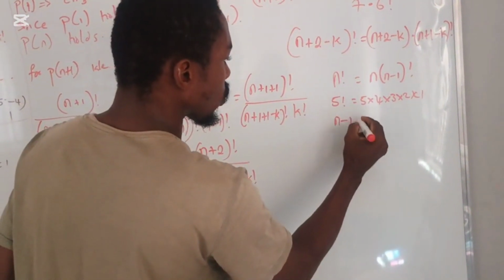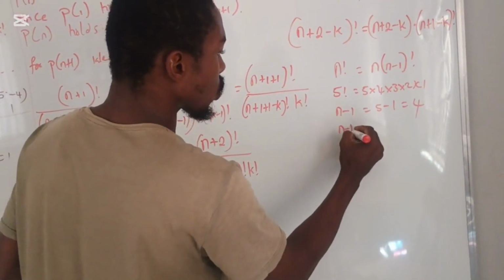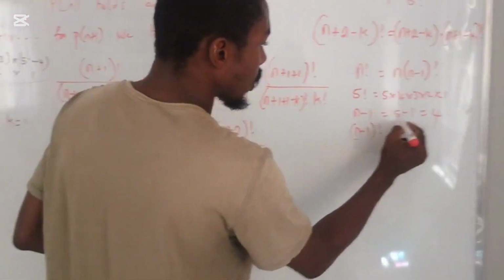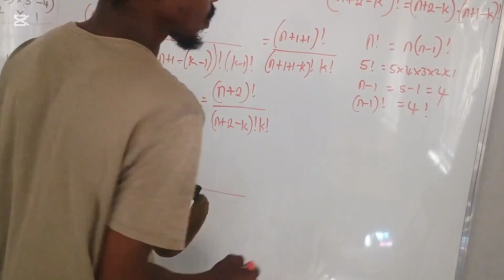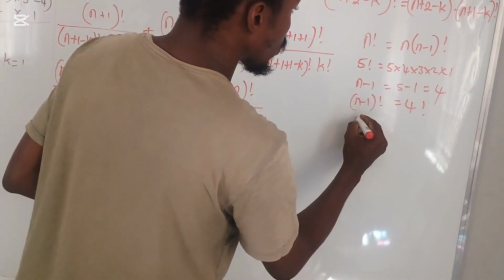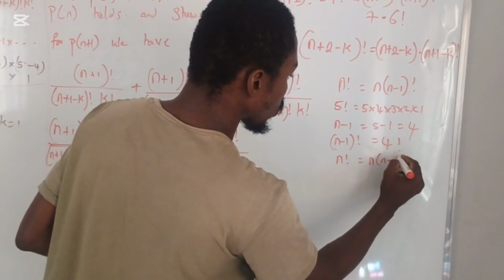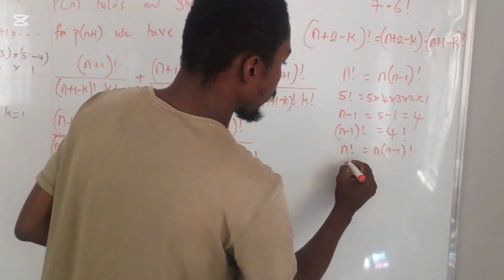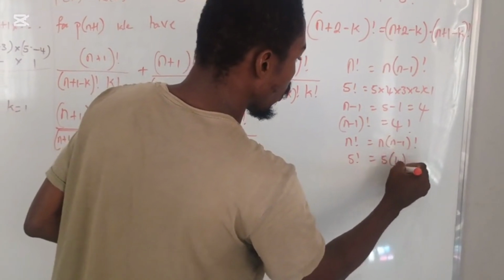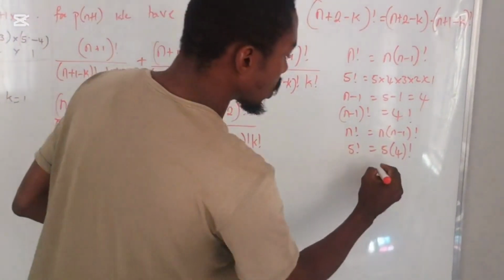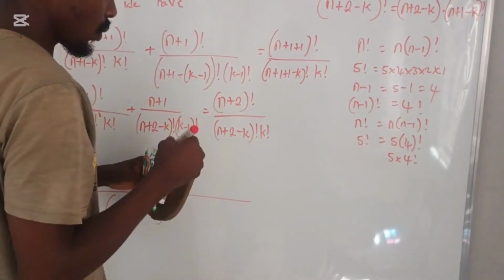And n minus 1 is equal to 5 minus 1, which is 4. So n minus 1 factorial, in this case, is 4 factorial. So n factorial is equal to n into n minus 1 factorial. 5 factorial is equal to 5 into 4 factorial, which is the same as 5 times 4 factorial, and it's going to give you the same thing.